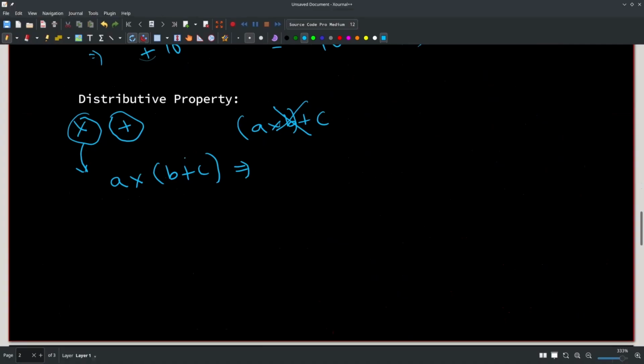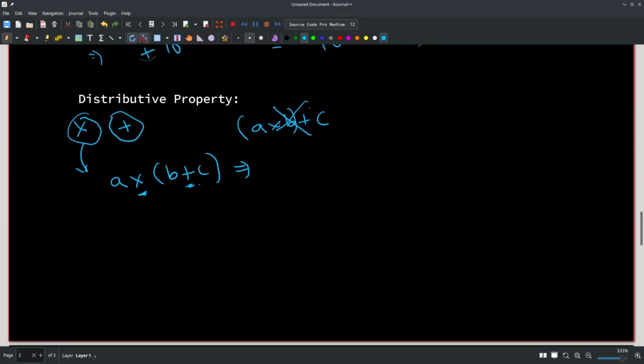I'll tell you why. We have a multiplication sign outside, but inside you have a plus sign. Previously, we had a multiplication sign outside as well as inside. Hence, you were able to do your associative property. But in the distributive property, we have a multiplication outside and an addition, or maybe even a subtraction, inside.